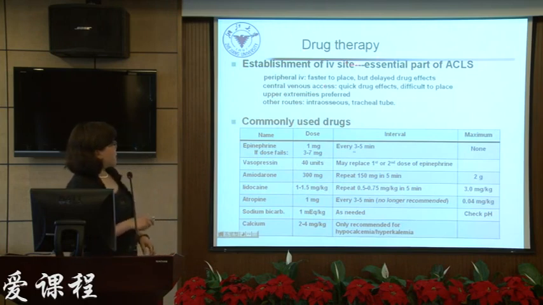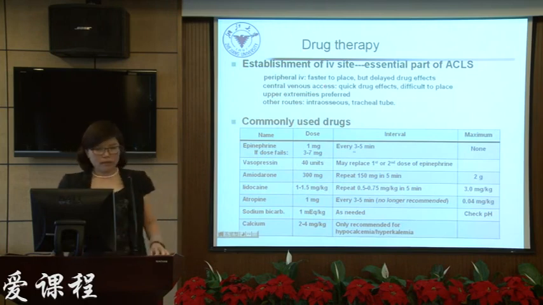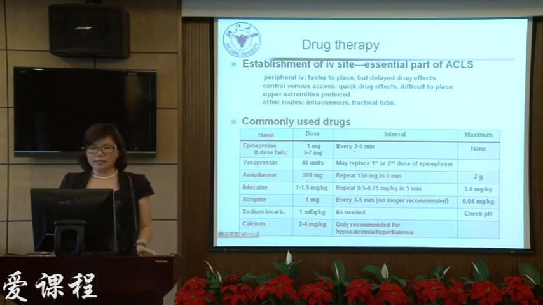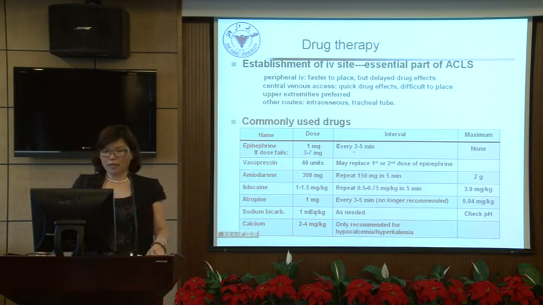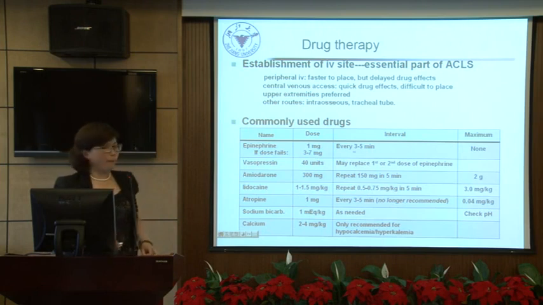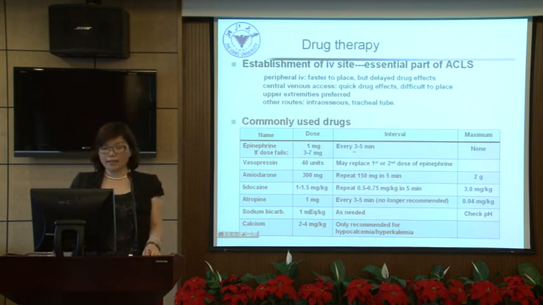During CPR, we should use drug therapy and establish IV access. This is an essential part of advanced cardiac life support. A peripheral IV is fast to place but has delayed drug effects.